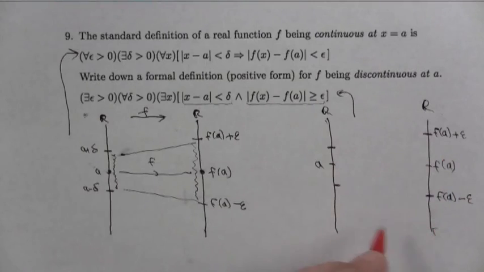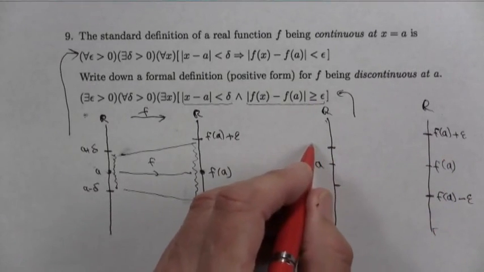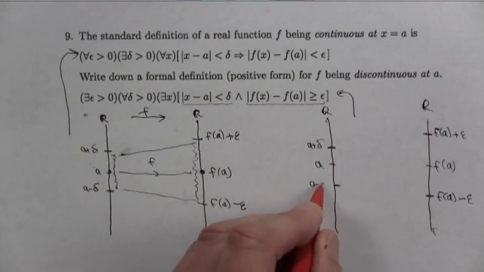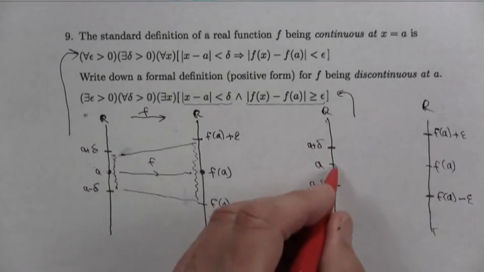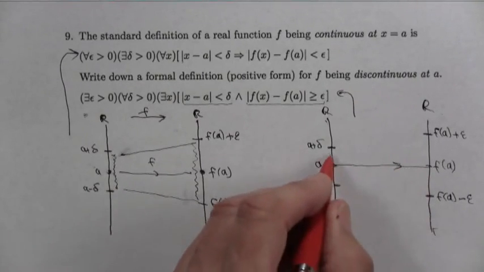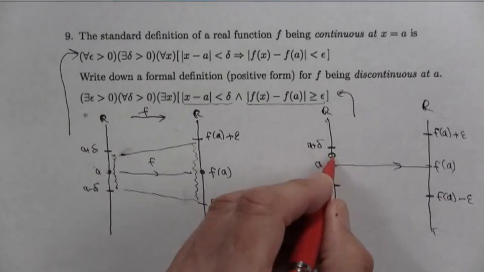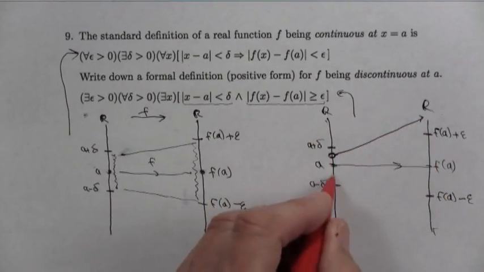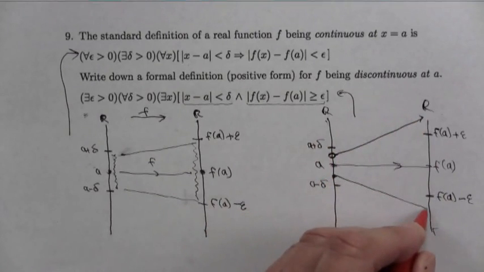for some epsilon, such that no matter what delta we take here, no matter how small you make this delta, no matter how close you get here, that was a point that gets sent to that, you can always find a point in here that gets sent outside of there. Maybe sent that way, maybe sent that way.